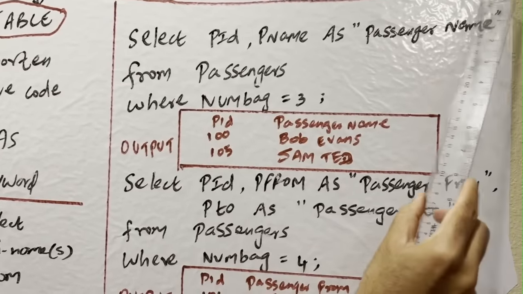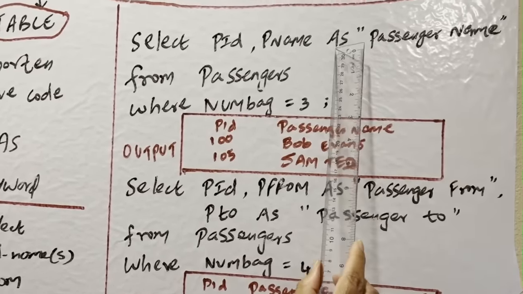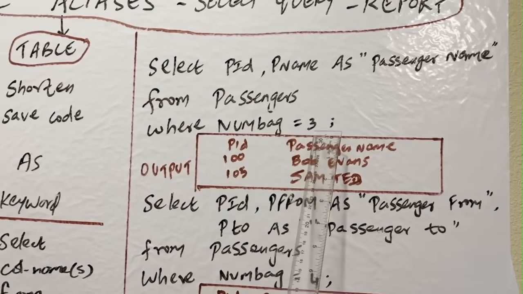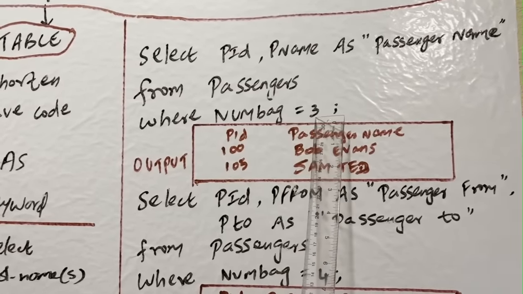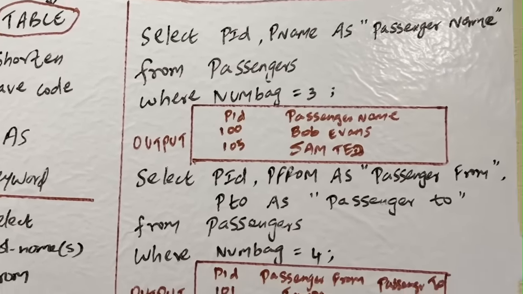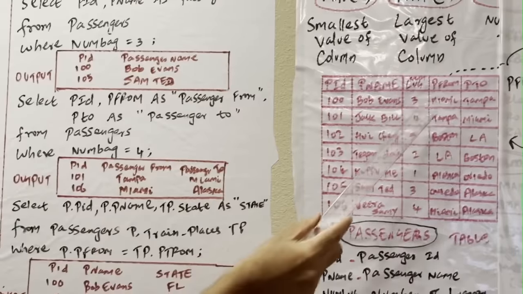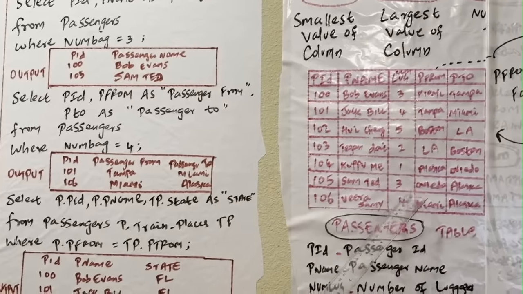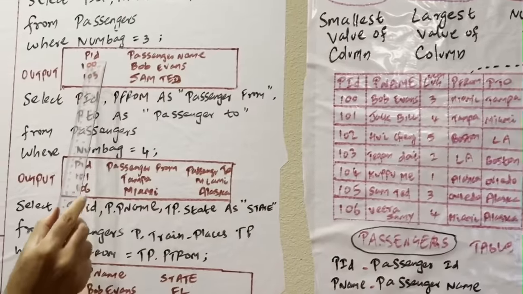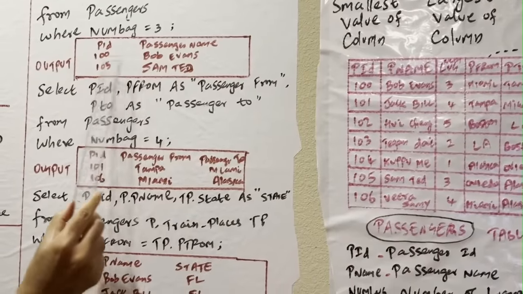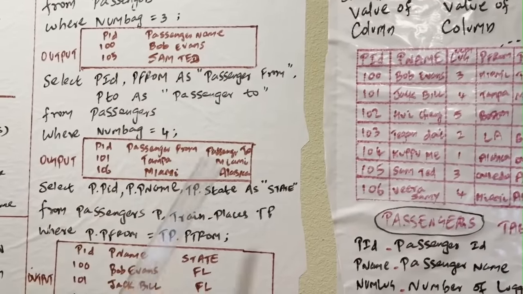This is called the alias. We use the AS keyword, where num bag equals 3, number of baggages. This query will go here and see wherever it is equal to 3, so it will fetch this record. Then what do we want to print? PID, passenger name: 100 Bob Evans, 105 Sam Ted.